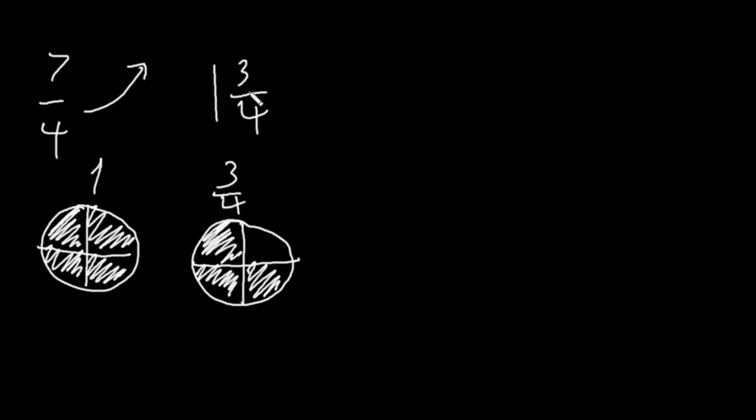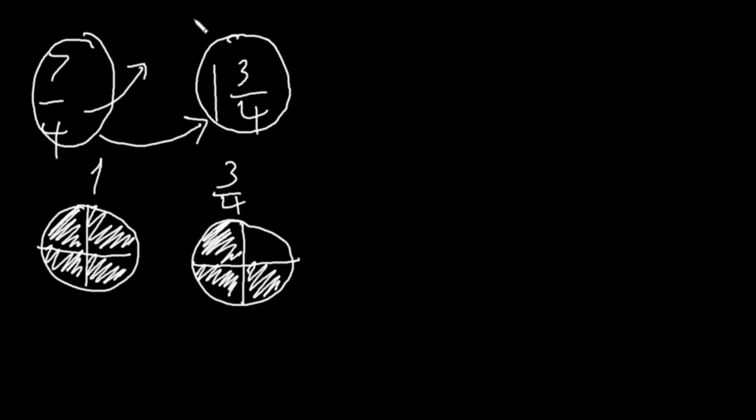All right, so now I converted my improper fraction to a mixed number. And now how about if I wanted to convert my mixed number back to an improper fraction? Well, the process is again very simple.